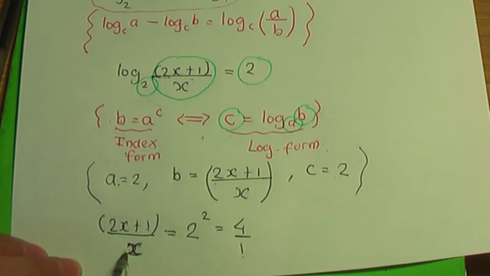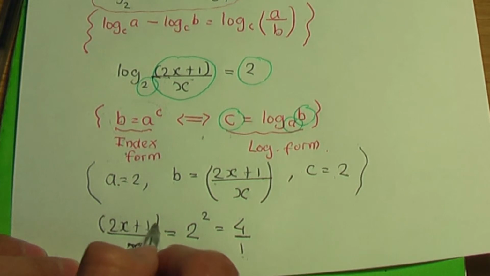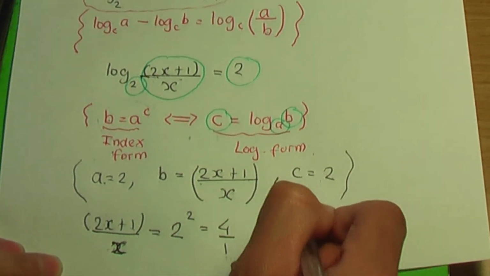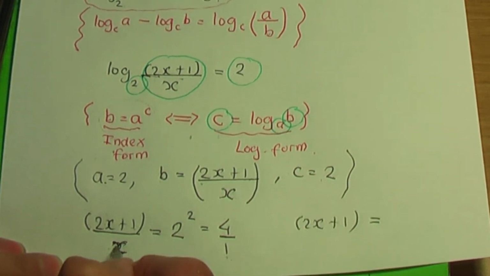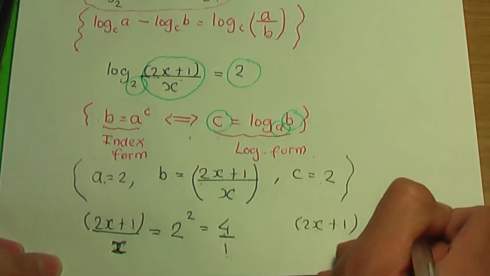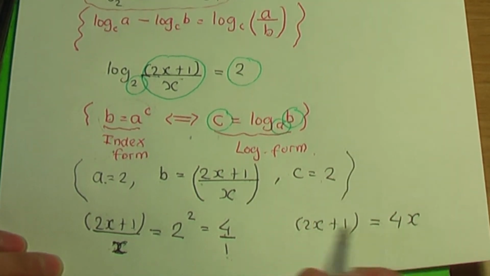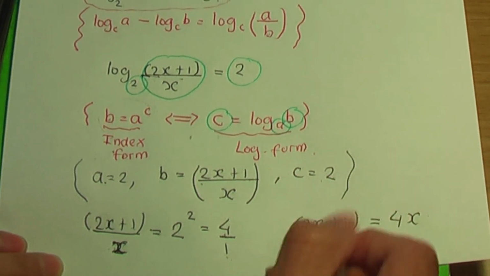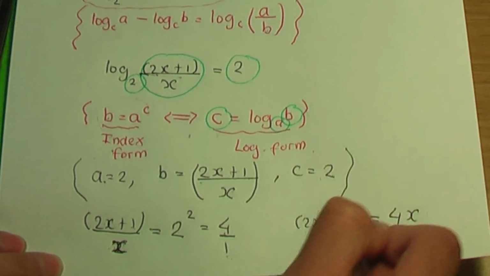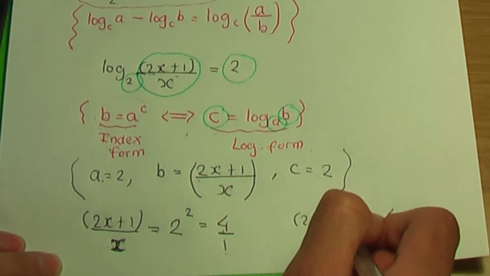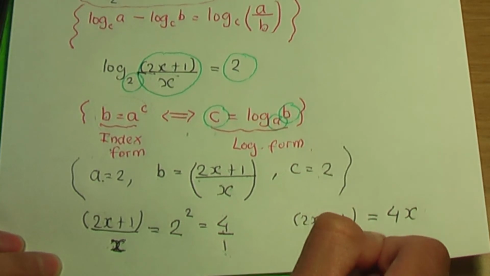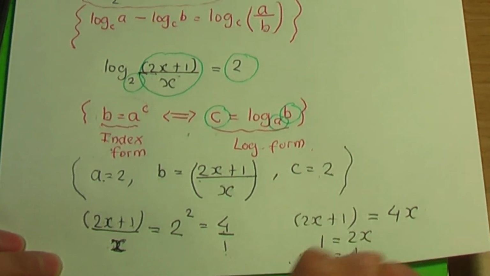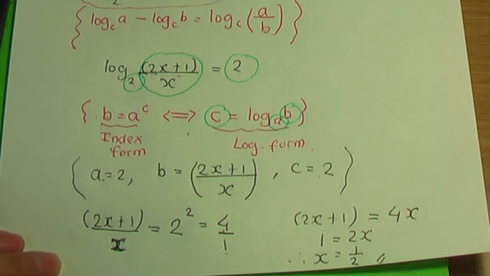Now if I cross multiply, 2x plus 1 times 1 is 2x plus 1, and that is equal to x times 4, so 4x. Now if I rearrange, if I take the 2x to the right hand side, I'll have 1, which is 4x minus 2x, which is 2x, which means that x, when I rearrange, is half. So that is what you should have for x.